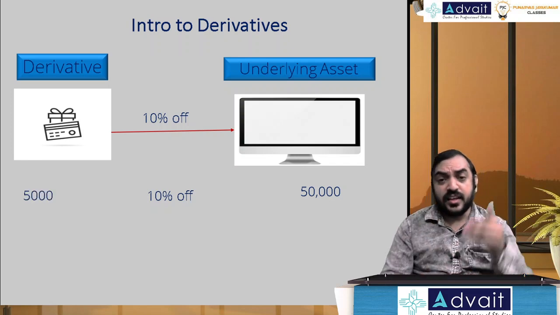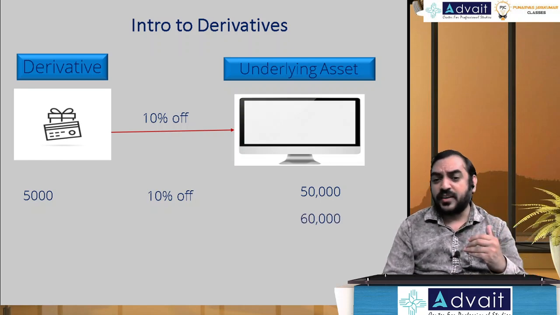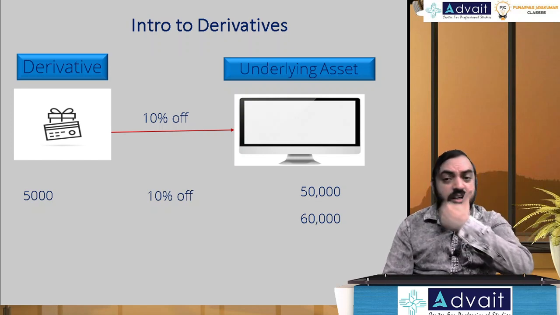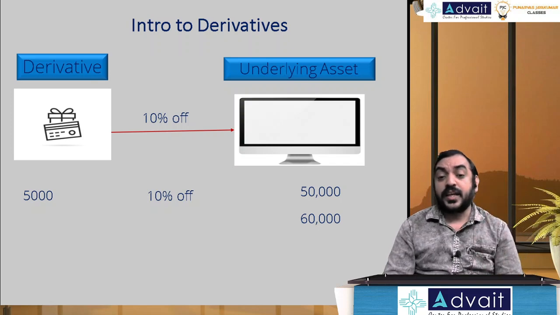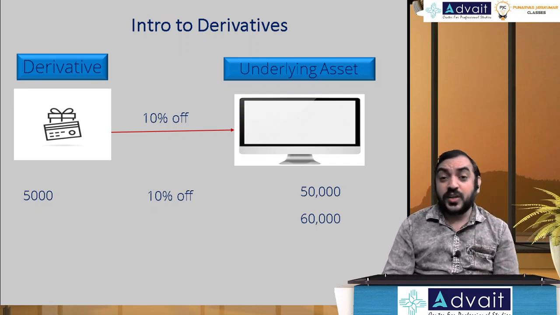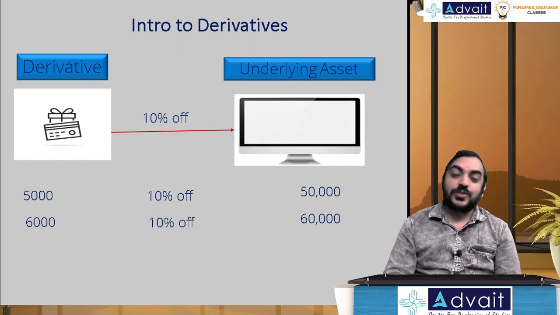Now the next day, some announcement comes, some GST rate announcement. The GST rate is hiked for some reason. The cost of the MRP of the asset, the computer, became 60,000. Now what is the coupon worth? 10% off on 60,000 is 6,000.